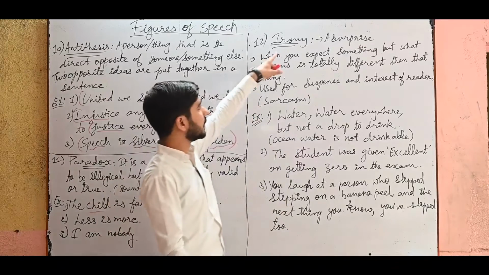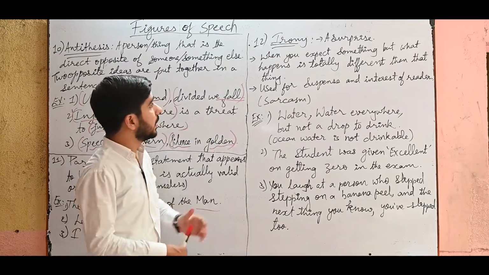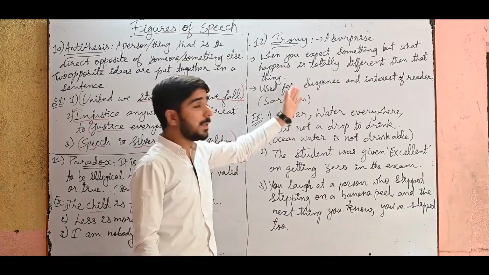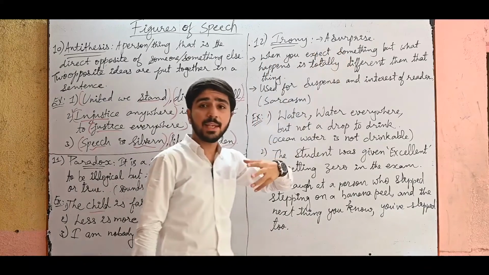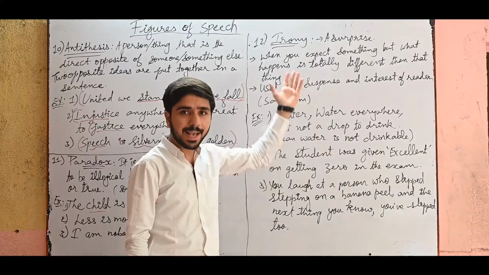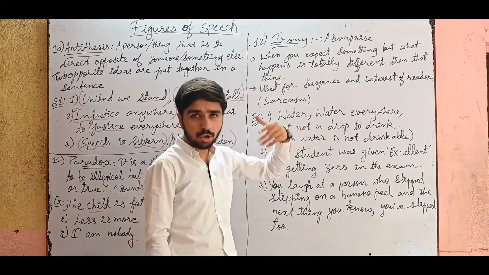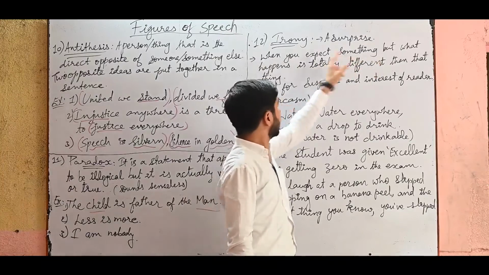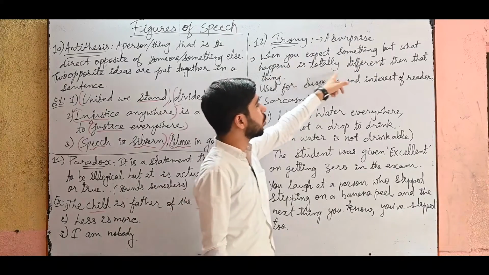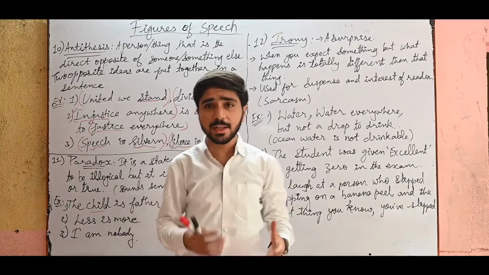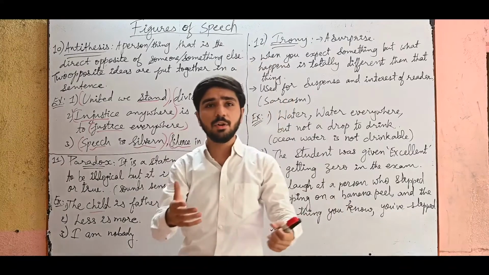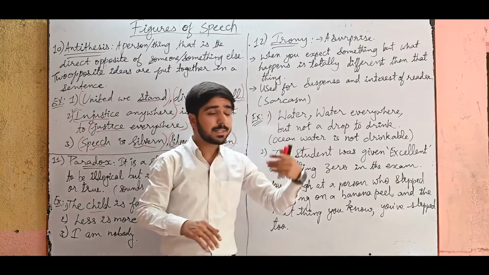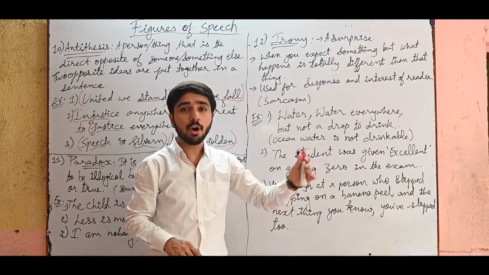Next, irony. Irony is also used excessively. Irony means it is a surprise. You expect something and something else happens. That is irony. Or you can say it is taunting language people use. When you expect something, but what happens is totally different. You are expecting that yes, this thing will happen, you are totally 100% sure, but what happens is exactly the opposite.